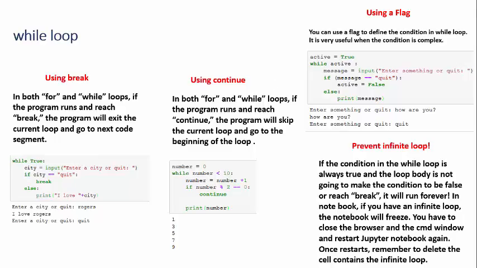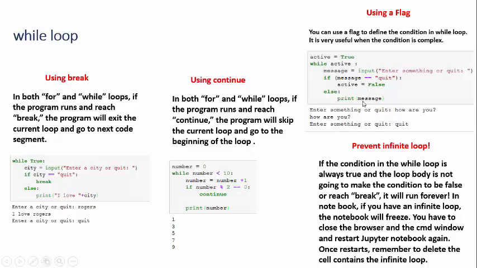Also, in a while or for loop, it is very useful to define a flag. In this particular example, I define a flag variable called active. Initially, active is true, and this flag can be changed to false during the body of the while loop.